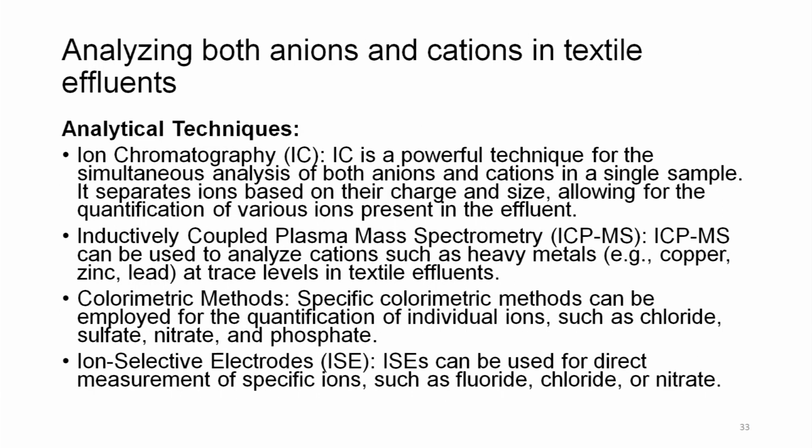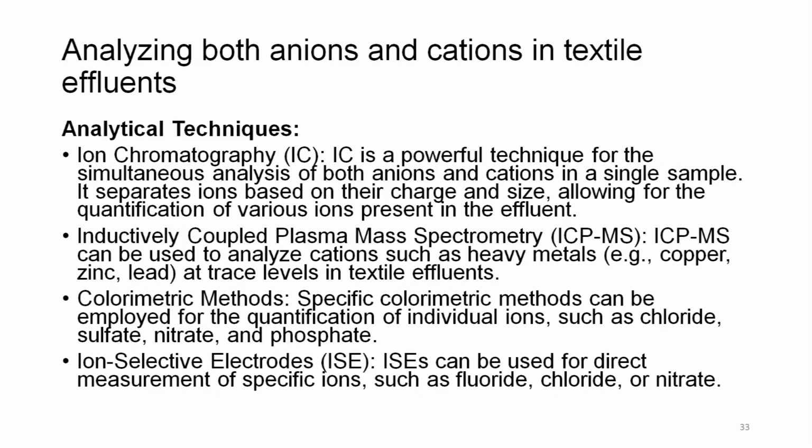The analytical methods used for the analysis of anions and cations include ion chromatography. Ion chromatography is a powerful technique for the simultaneous analysis of both anions and cations in a single sample. It separates ions based on their charge and size, allowing for the quantification of various ions present in the effluent.